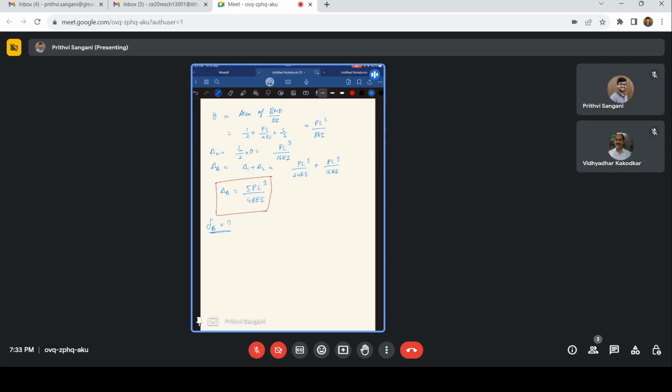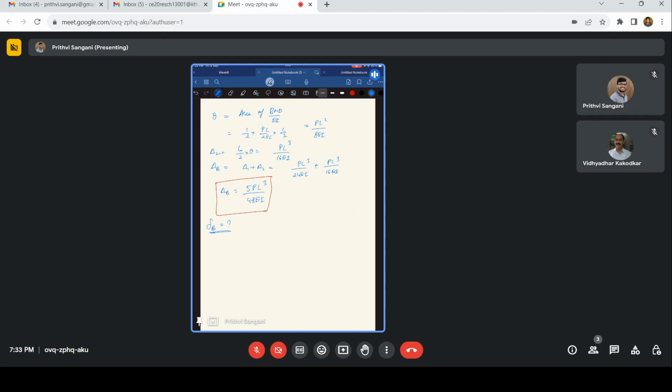Let us discuss one frame problem. For frame problems, usually I prefer using the energy methods.